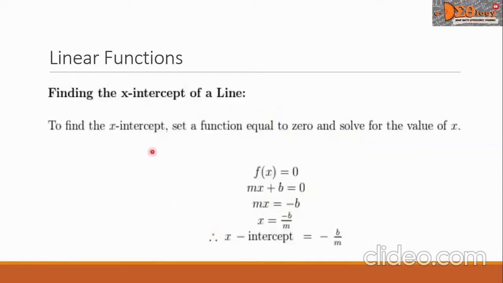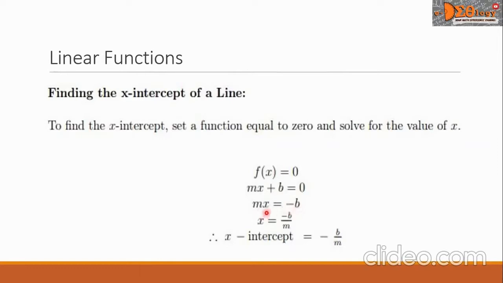To find the x-intercept, we set a function equal to 0 and solve for the value of x. So given f of x equals 0, we can have mx plus b equals 0, and this positive b is transposed on the right. The sign is changed, so we have mx equals negative b.